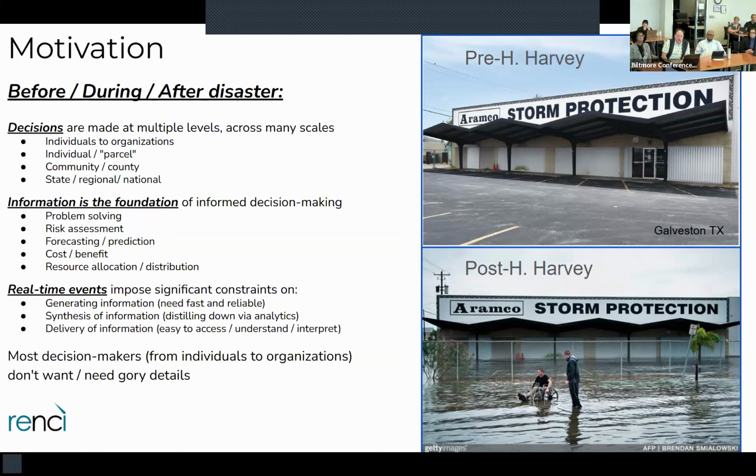So that real-time event imposes a lot of constraints on how quickly you can generate information, how quickly you can synthesize it, and how quickly you can get it out the door. You can think of the weather forecasting cycle as an example of how information is most valuable maybe 6 hours after you've published a forecast, because 6 hours later, you get a new forecast.